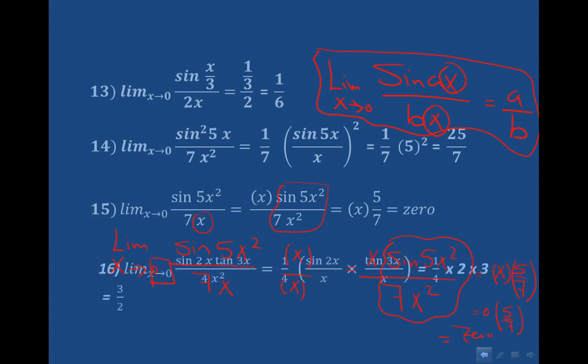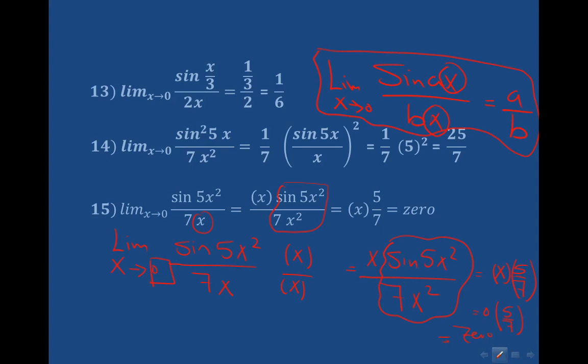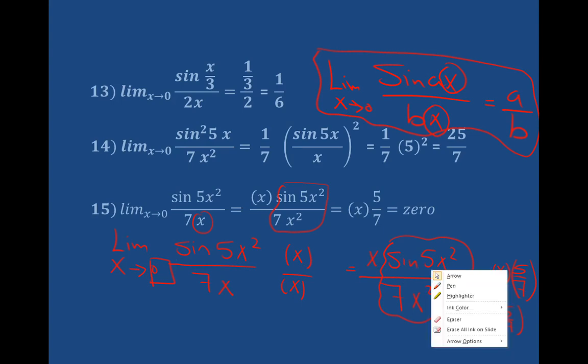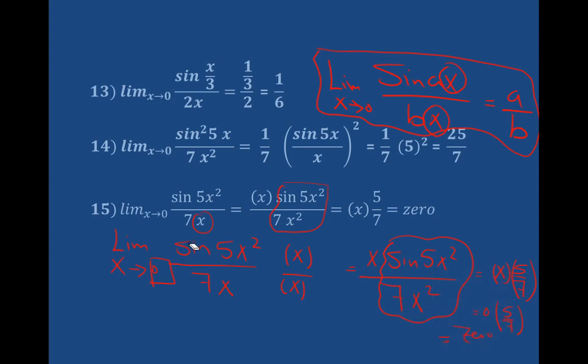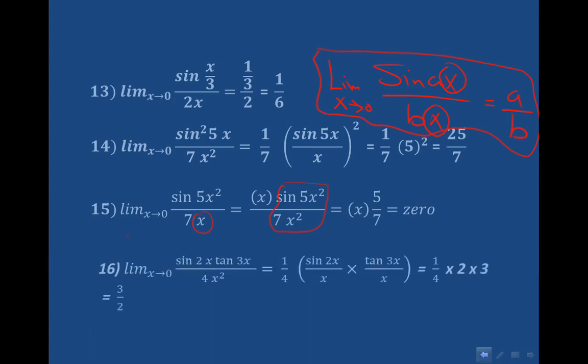Another problem. Limit when x tends to 0 of sine 2x multiplied by tan 3x over 4x squared.